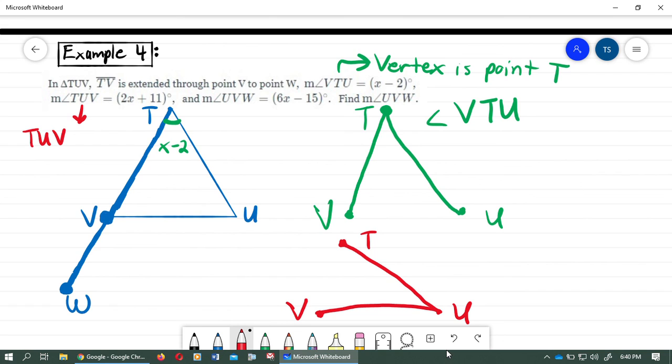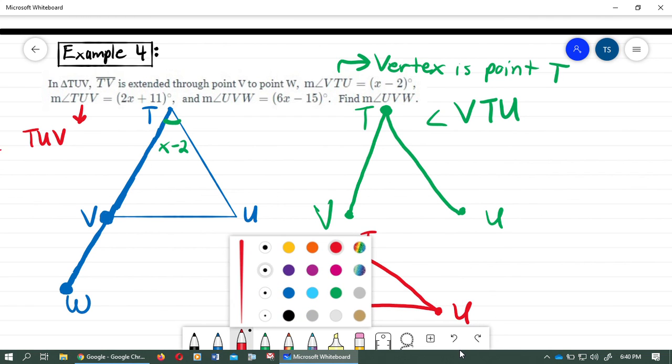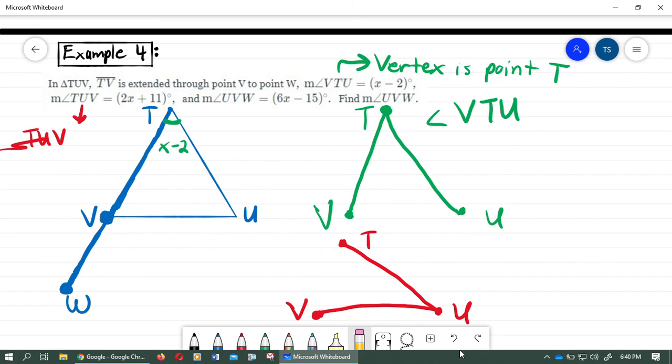If you connect your vertices from T to U to V, you can see which angle they're talking about. So angle TUV has a vertex of U.